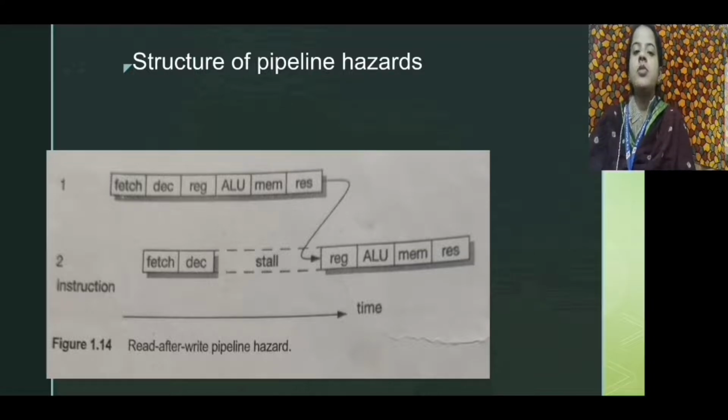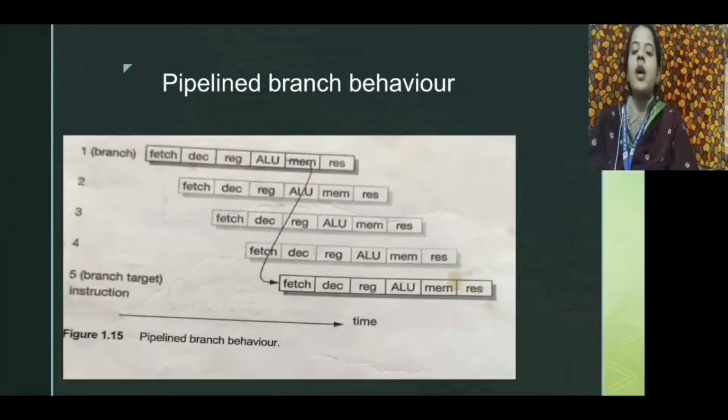Okay. Now go to the next concept, pipeline branch behavior. So what is pipeline branch behavior? As you know, the term branch is used when multiple jobs are executed under certain conditions.